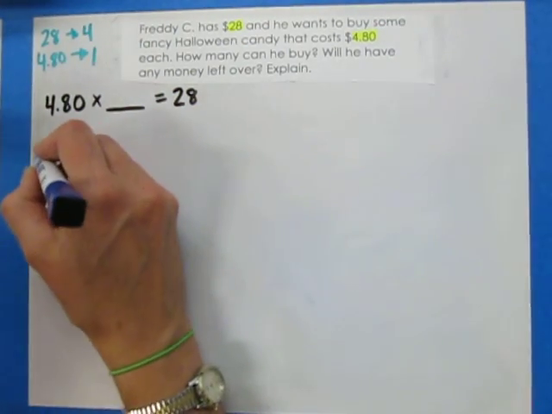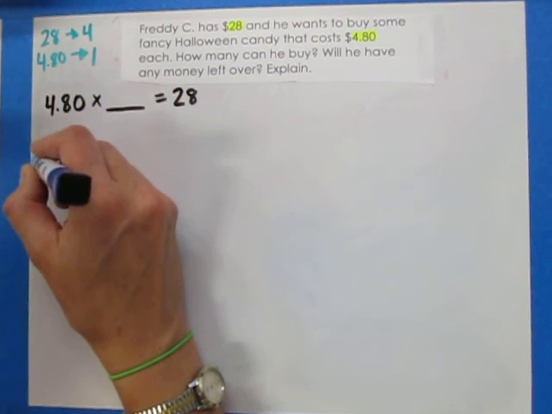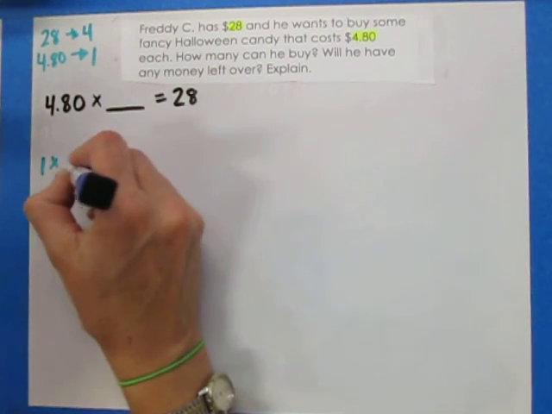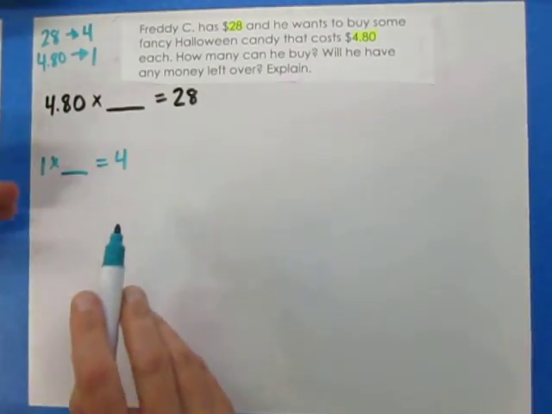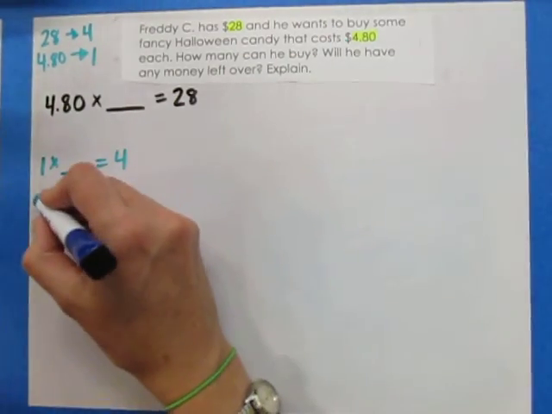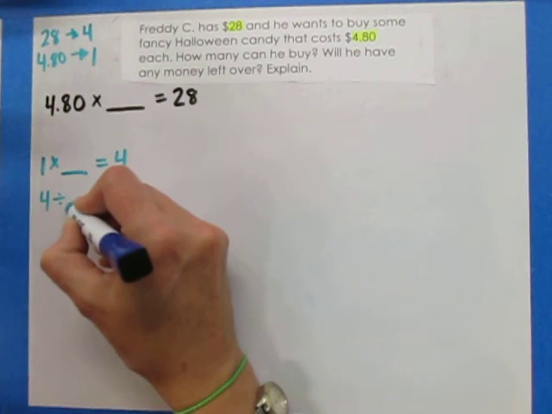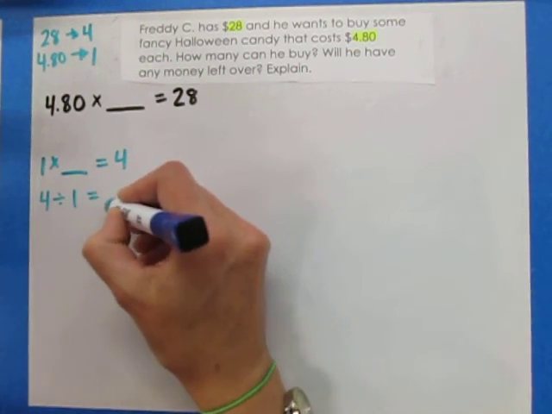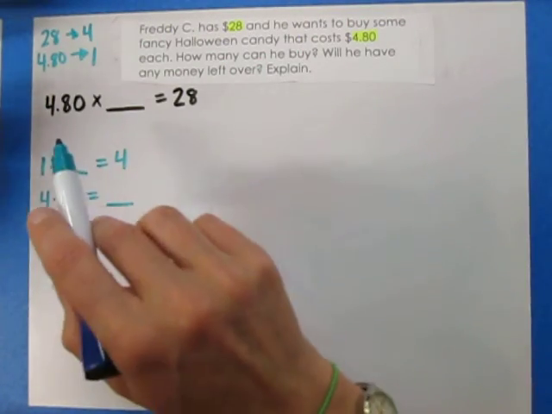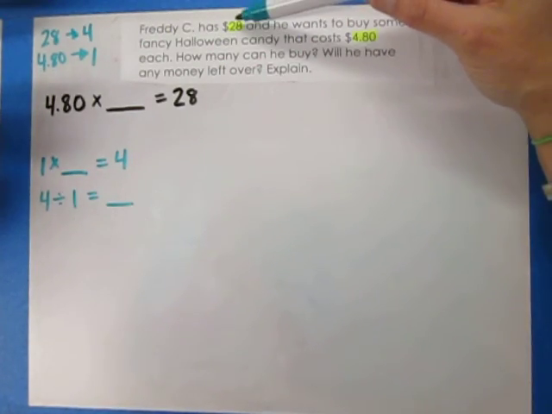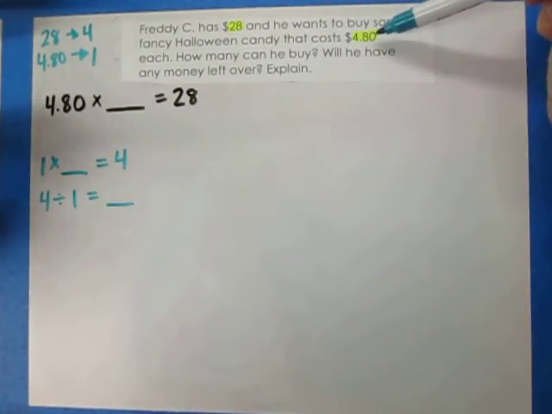That's 1 times something equals 4, and that's also 4 divided by 1 equals something. So really, you wouldn't even think to write down the equation if it was just $4, $1 each per candy.